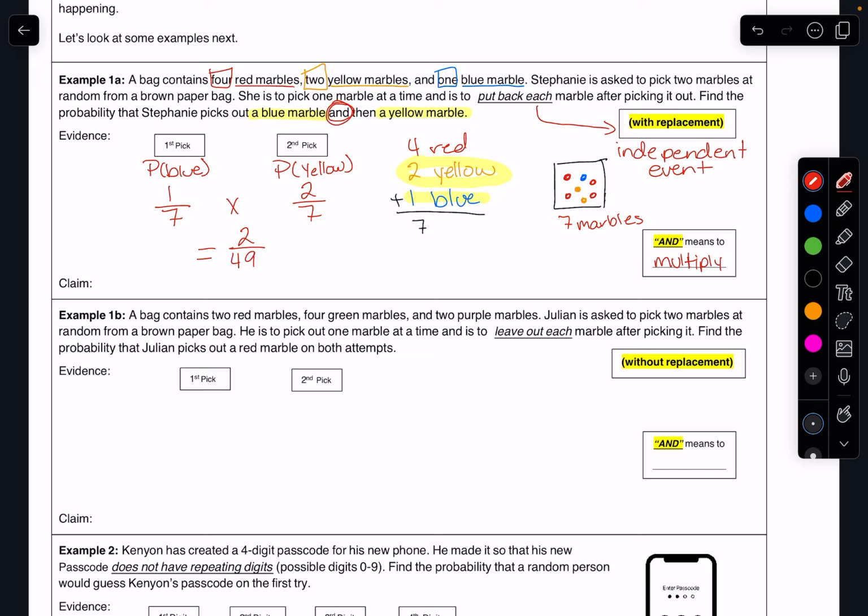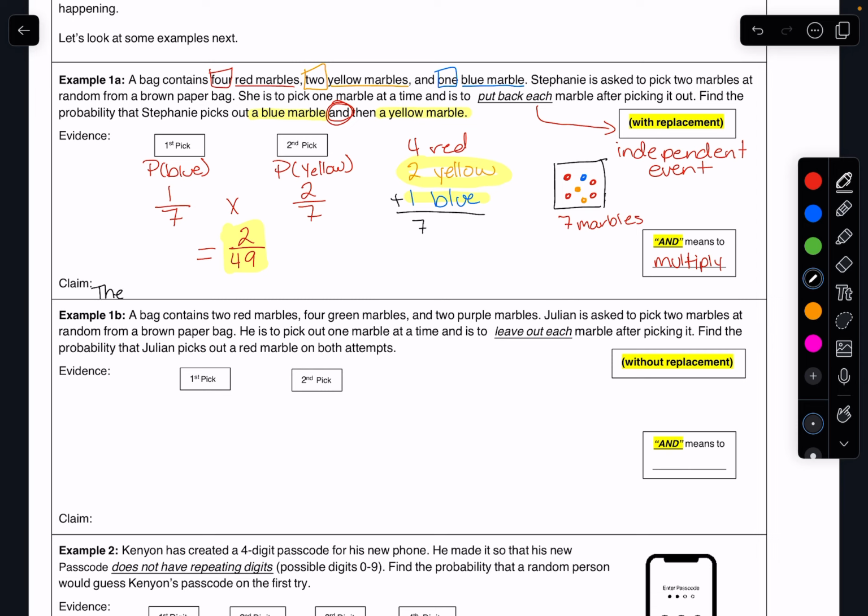Okay. Here we look at if we can simplify. In this case, we cannot. Nothing goes into 2 and 49. So this stays the same. This is our final answer here. Okay, so now it's just time to write the claim.